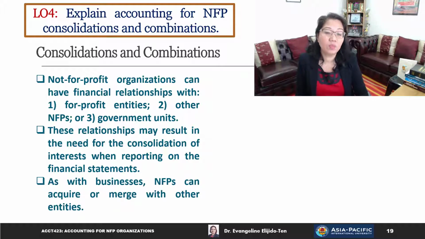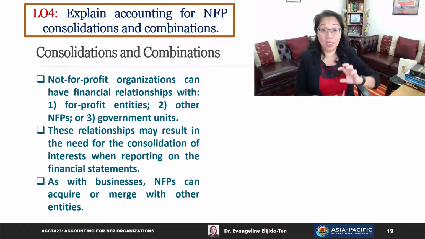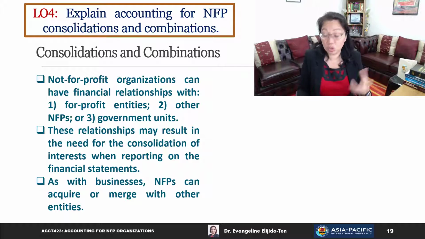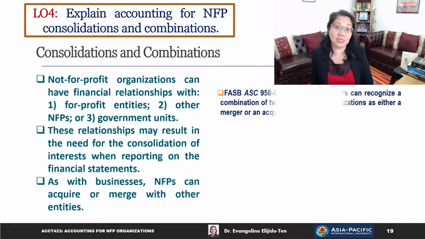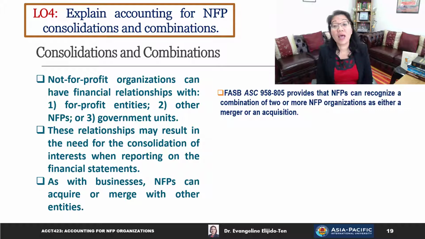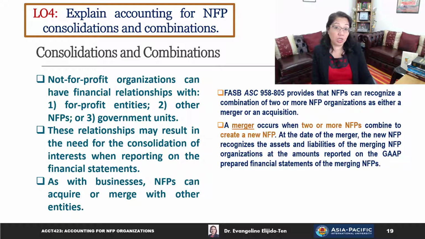Just like with businesses, NFPs can acquire or merge with other entities. FASB provides that NFPs can recognize a combination of two or more NFP organizations as either a merger or an acquisition. So what is a merger? A merger occurs when two or more NFPs combine and create a new NFP.